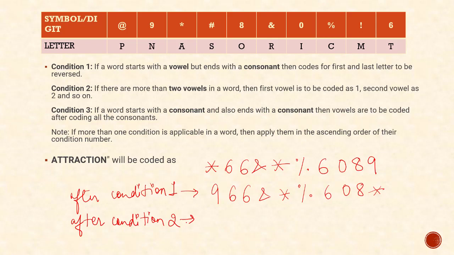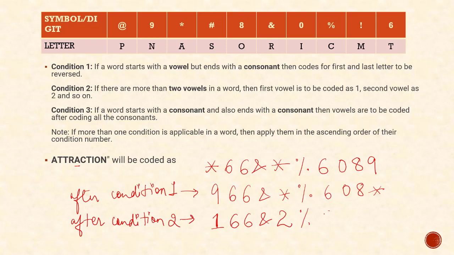So the first alphabet itself was A, which is a vowel. So 9 will be replaced by 1. So 1, 6, 6, and then again A comes, second vowel. So the star will be replaced by 2.